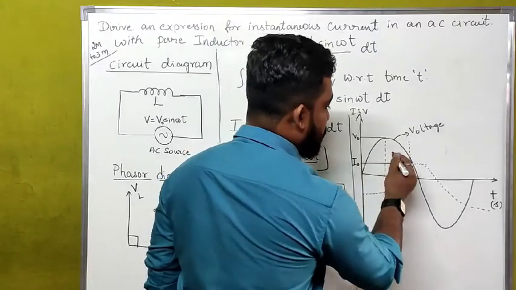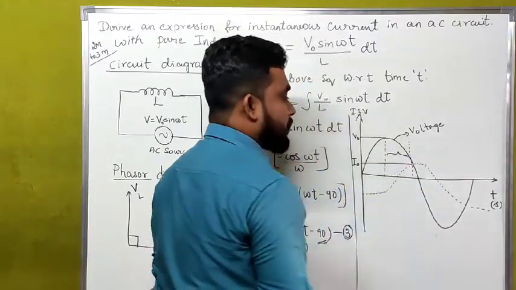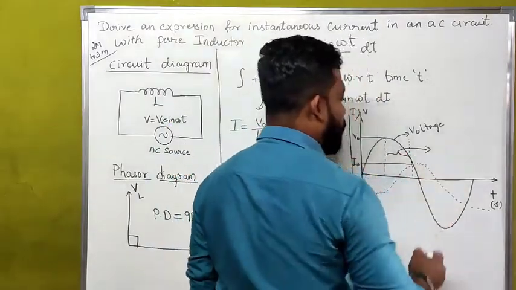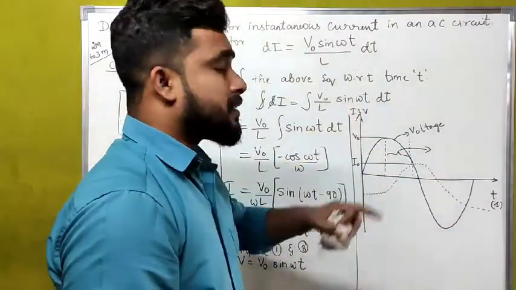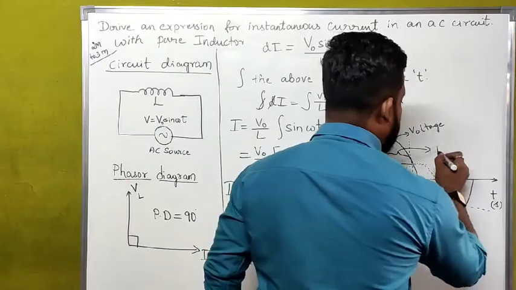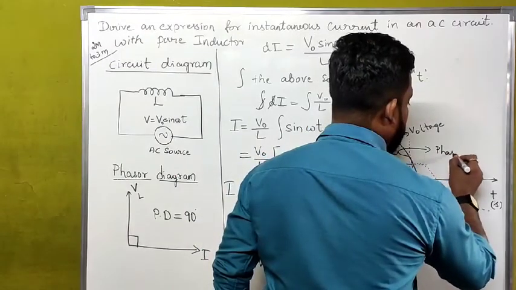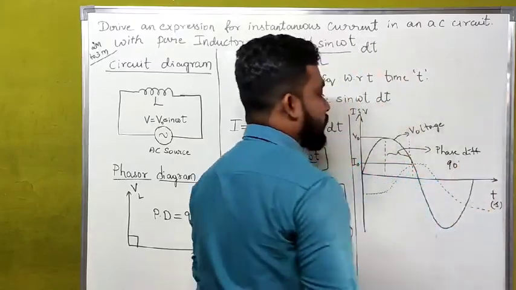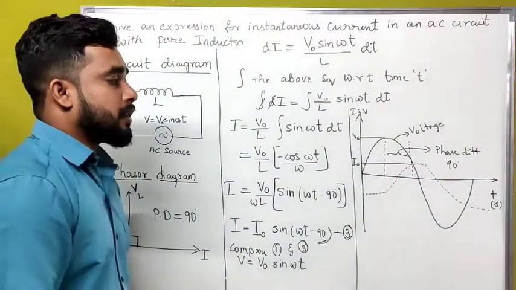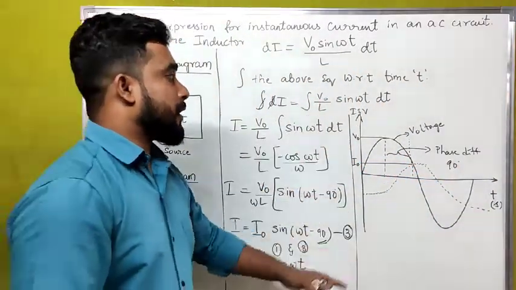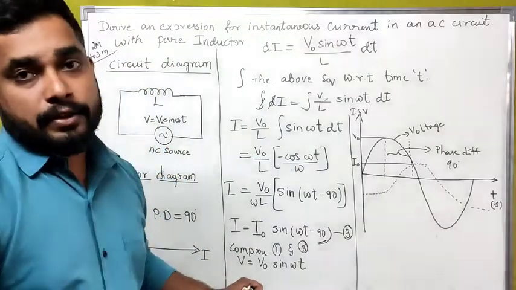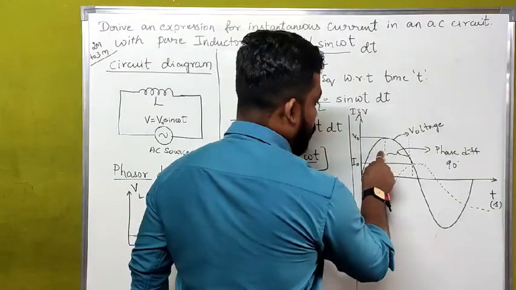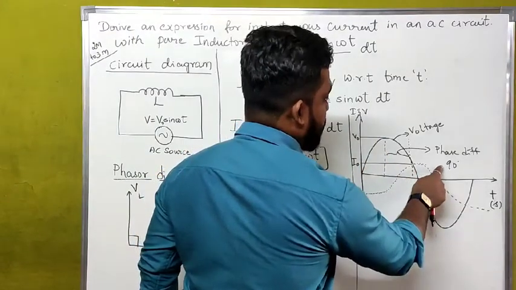There is some difference between these two parts. This difference between voltage and current is called the phase difference of 90 degree. This is how we represent it graphically in the phasor diagram. The phase difference between voltage and current is 90 degree.